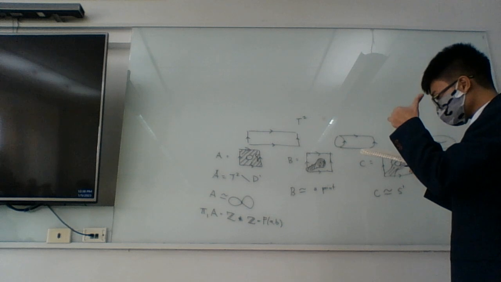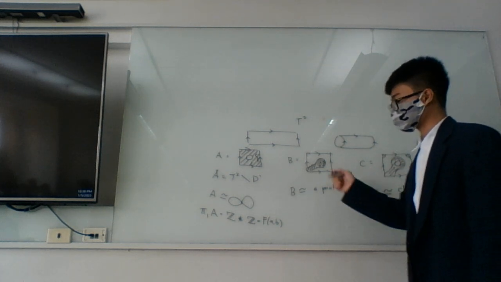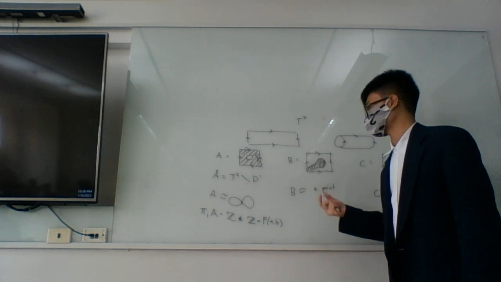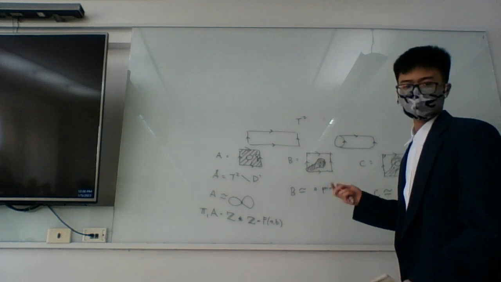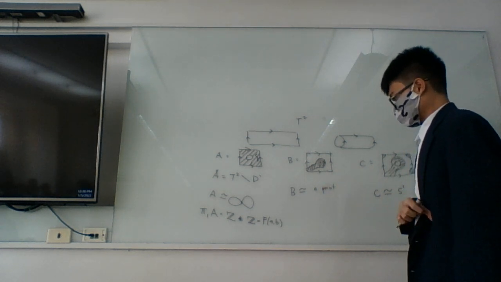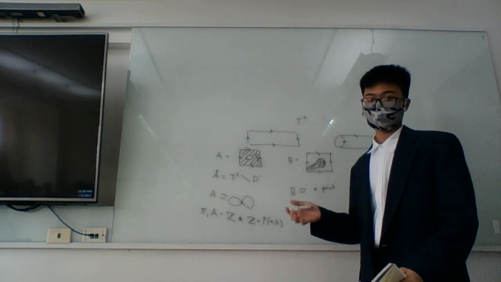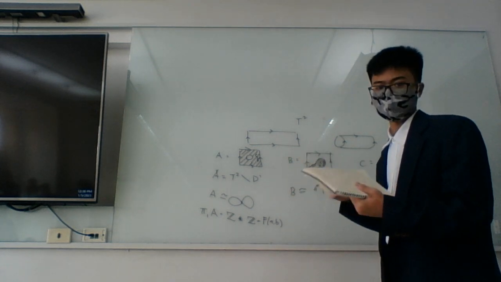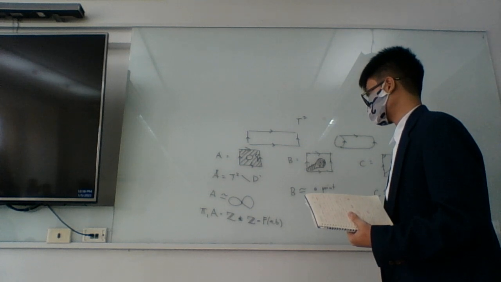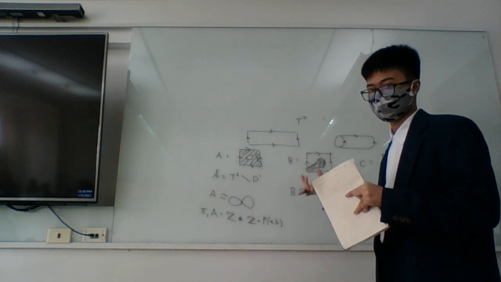So find the fundamental group of B. Since it's just a point, it's 1. It's a convex subset, and you notice that it's somewhat similar to a disk. And we know that the fundamental group of that kind of thing is trivial.